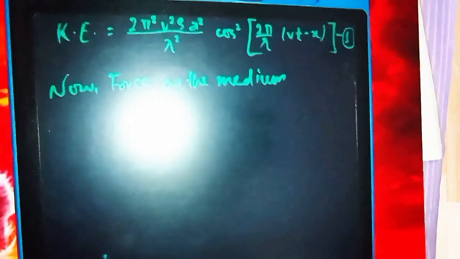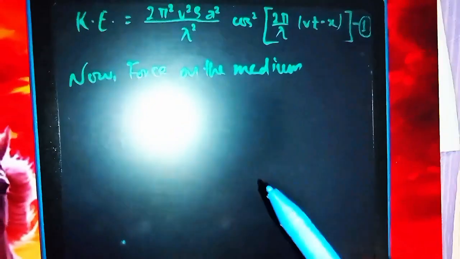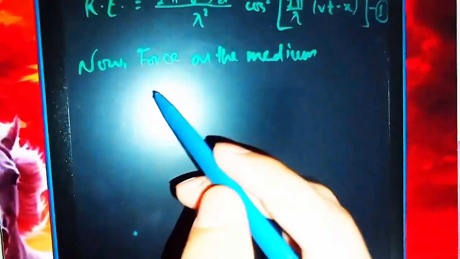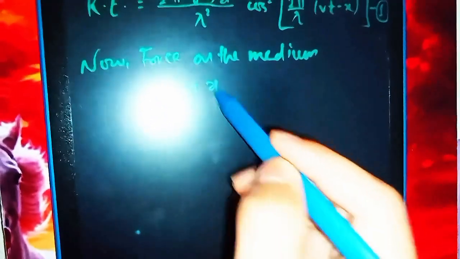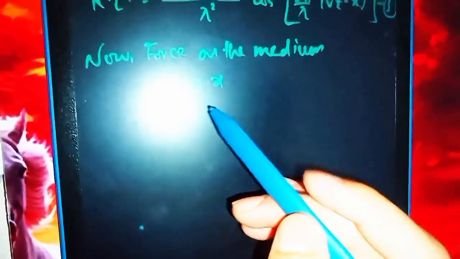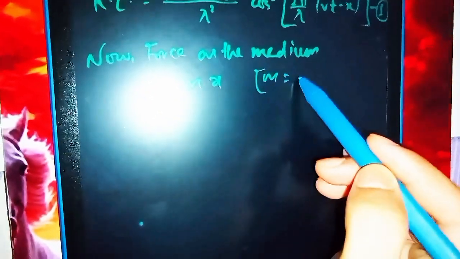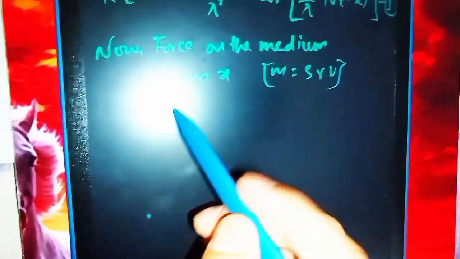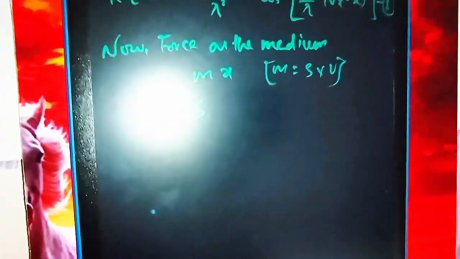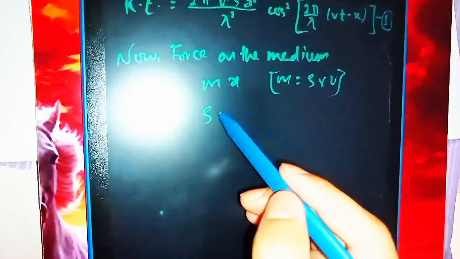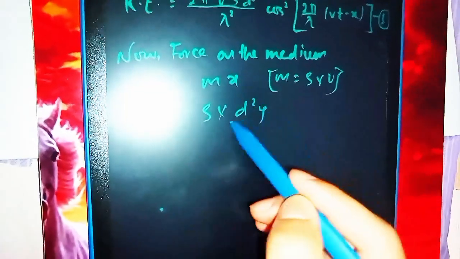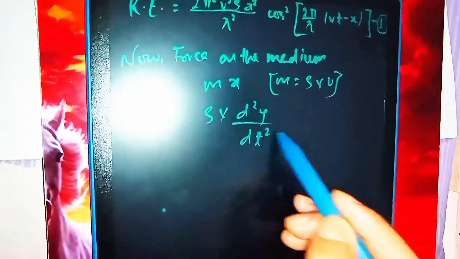Now we'll find out the force on the medium, which will be equal to ma, and we know that mass is equal to rho into V, as V is constant. Mass is density into volume, and acceleration is the second derivative of displacement.